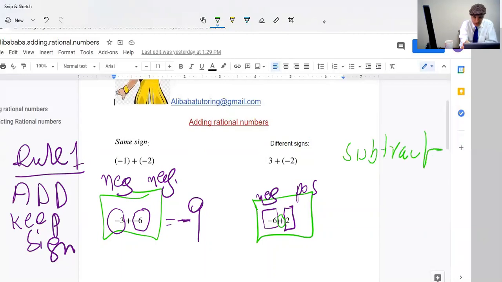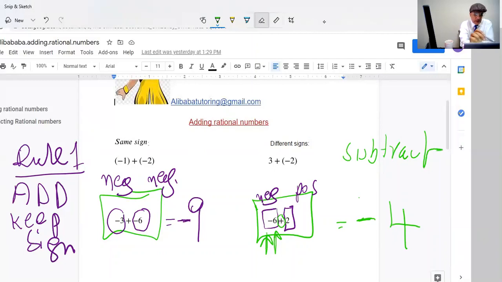Forget about the sign, subtract. What's 6 minus 2? Well, that's 4. Now forget about the sign and look at the numbers. You got a 6 and a 2. Which one is bigger? Well, the 6 is bigger. That means it has a bigger absolute value. So we're going to keep the sign of the 6. Since the 6 is negative, this is negative 4.